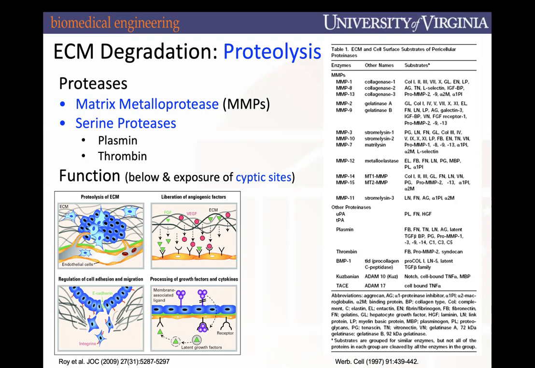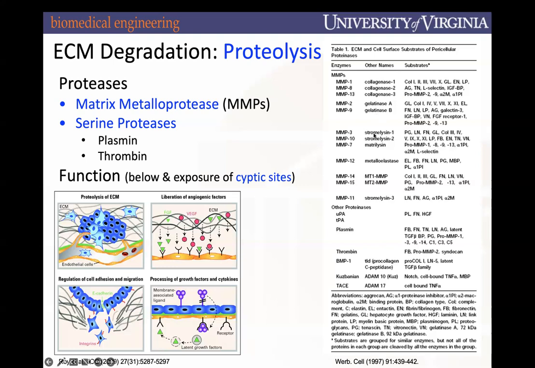It's a molecule that usually carries a charge that'll then change the conformation of the enzyme to make the active site available. In this case, it's usually a metal ion. And it targets the matrix. So we also just call them MMPs. In the table to the right, we have a series of different MMPs, as well as what they target in abbreviation, as well as other names that they go by.